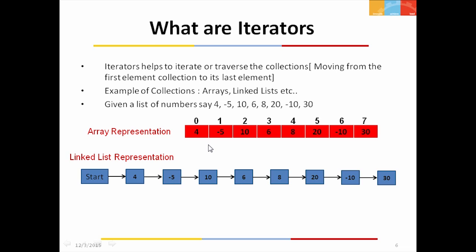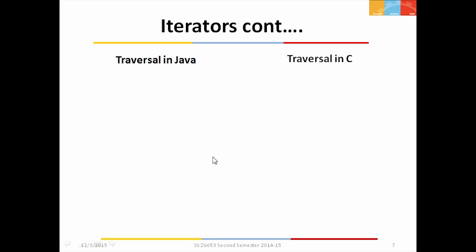As you can see, these two representations are quite different. Let us see iterators, and I will explain this using two languages. One is Java, another is C.